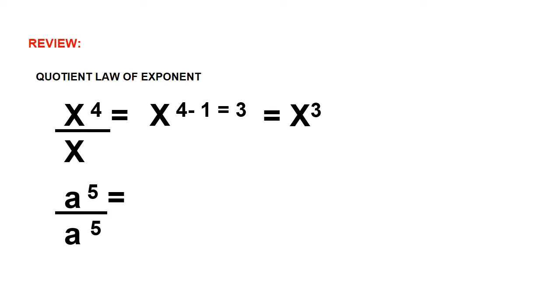So, we have a raised to the 5 minus 5, then it is equal to 0. Any number or variable which is raised to the 0th power, the answer is always equal to 1. Nakuha nyo yan? Wag nyo kakalimutan, ha? Yan ay gagamitin natin sa ating lesson para hindi kayo mahirapan.